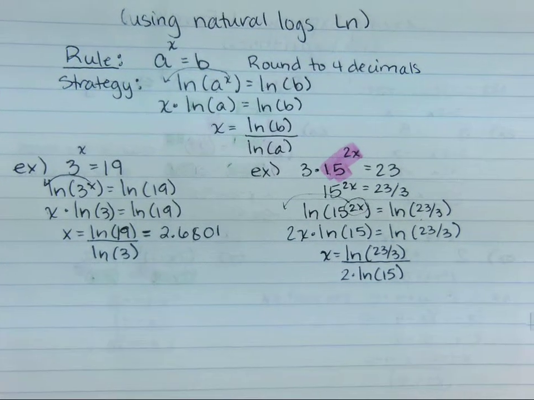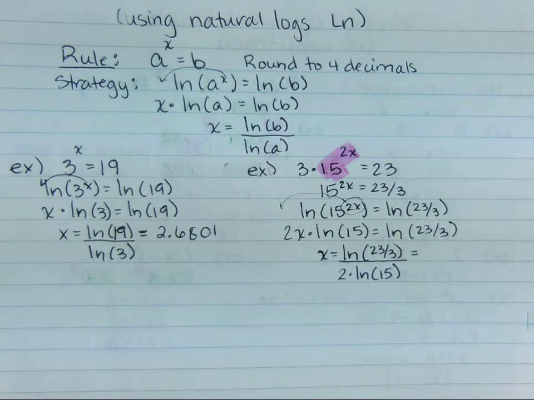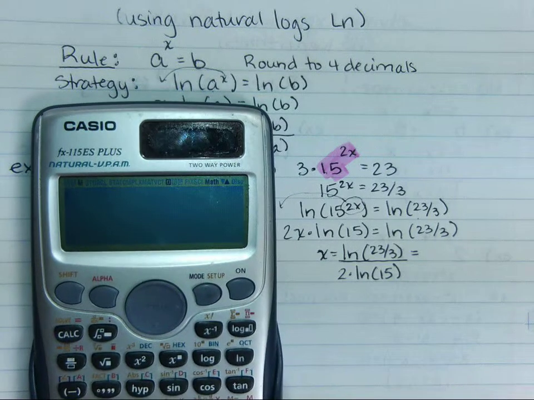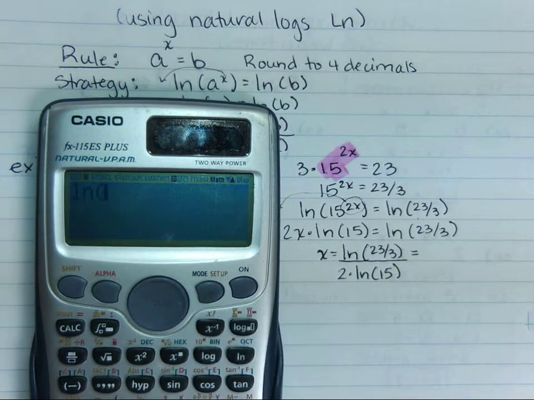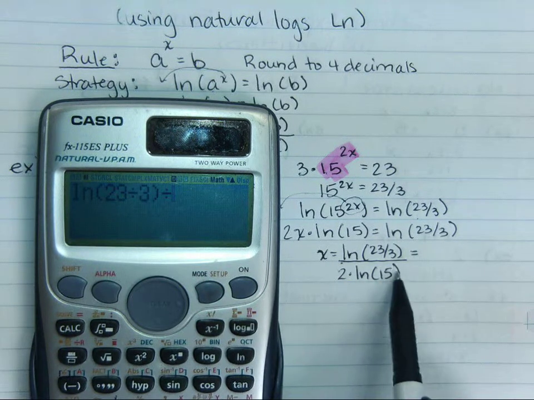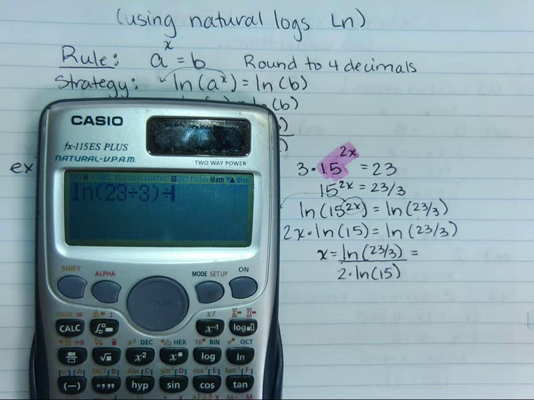Right. Again, you're going to have to pay attention to how your calculator works. So for me, I'm going to press the ln of 23 divided by 3, and that's the numerator. But when I get ready to say I need to divide by that denominator, I need to tell the calculator that all of this is happening in the denominator, and I can't just put in 2 times ln of 15. So I'm going to use some parentheses to actually tell my calculator that.